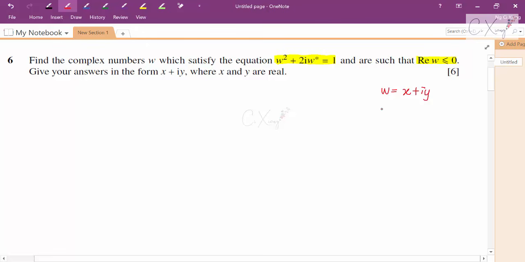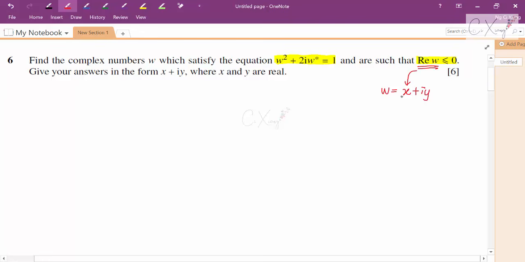The real part of W generally means the x. So x is the real part. Iy here is actually the imaginary part. So the real part of W smaller than or equal to 0 means that the restriction here is x should be a negative value, or x can be 0.